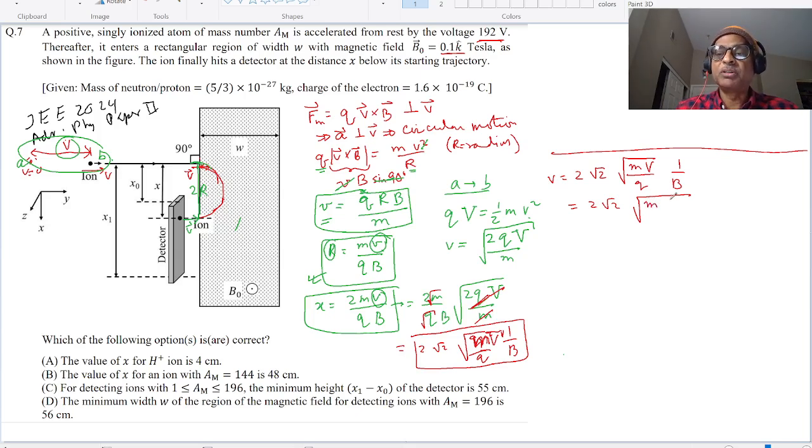The V is 192 and B is 0.1, and they're all SI units. Q is just 1 unit of charge, which is 1.6 times 10 to the minus 19 coulomb.